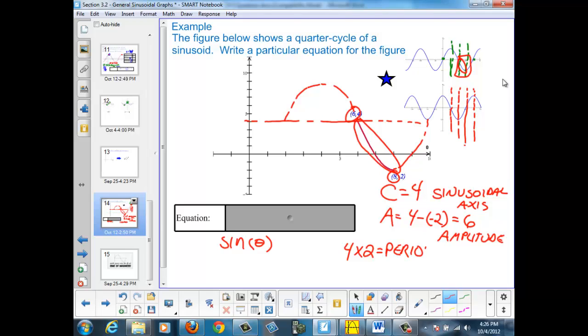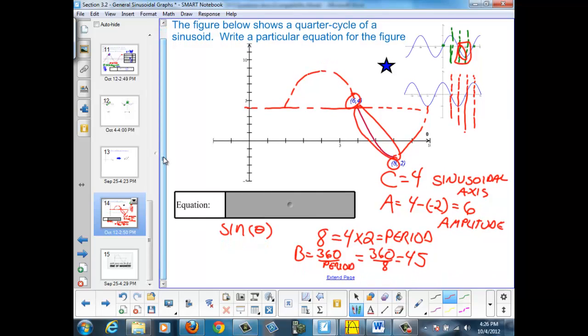And I use that information to calculate the b value for my equation, because we know that b is 360 over the period. So in this case, that would be 360 over 8, which turns out to be 45. Almost there. I've got A, B, C, and my choice of function. I just need to find my d value.